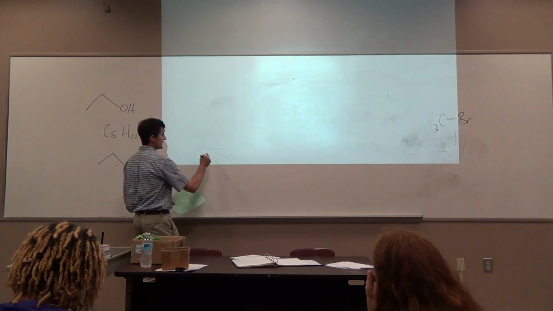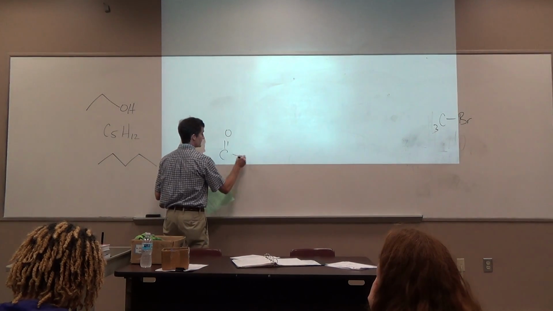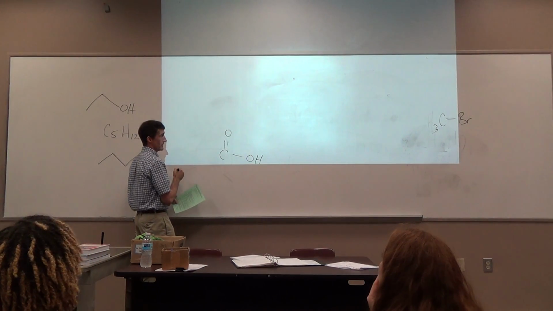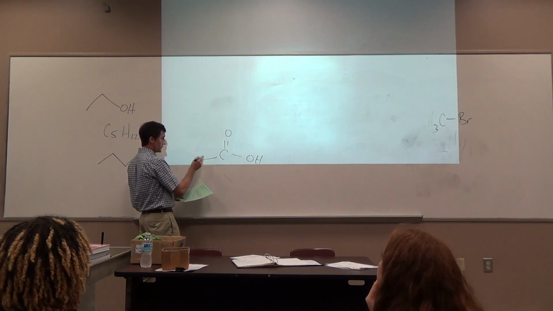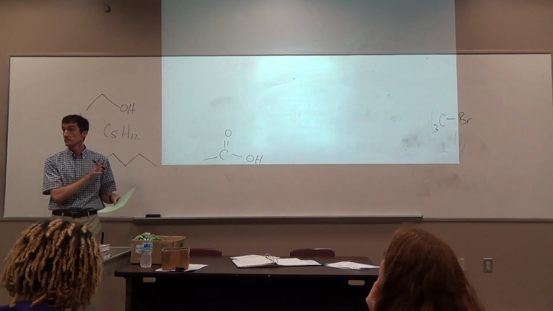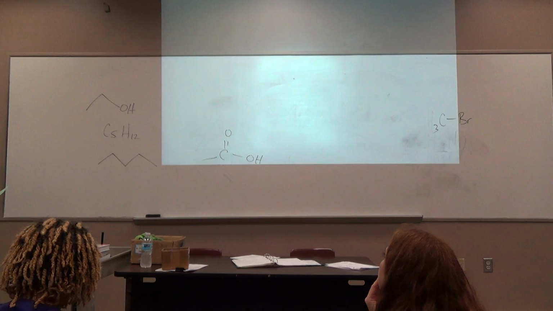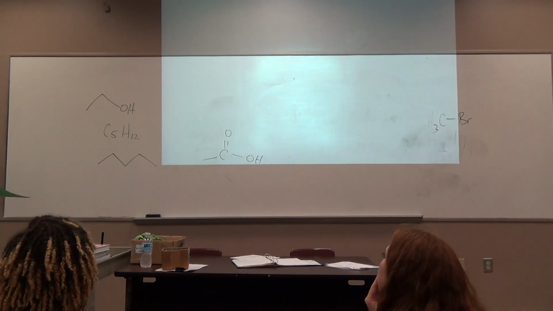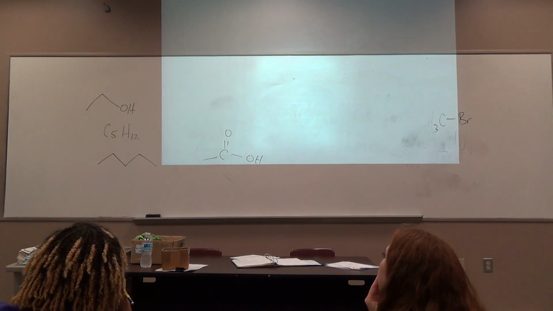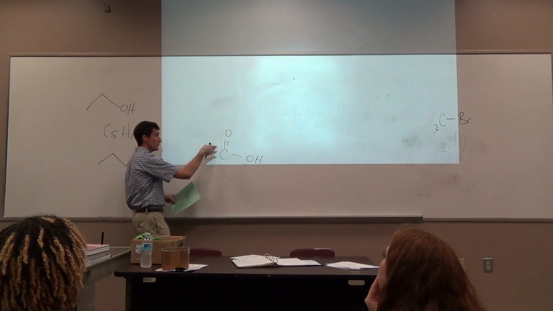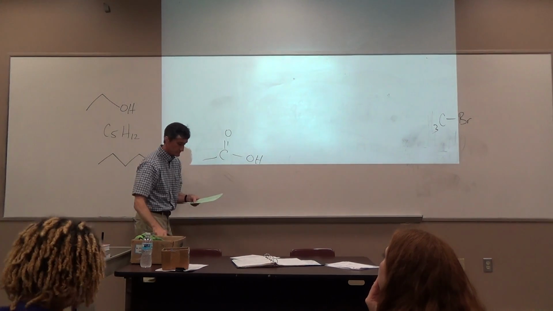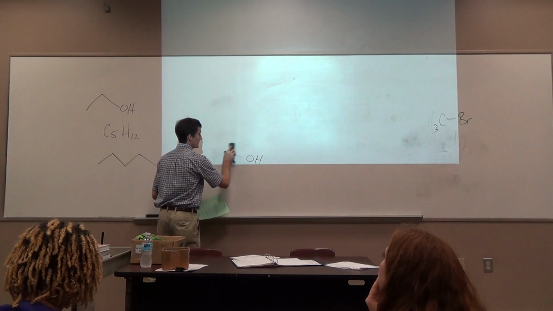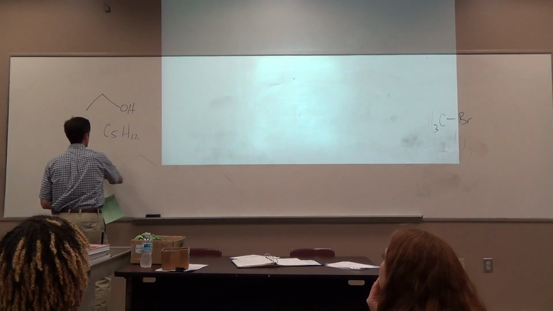Because it has 2 O's, I can start by throwing up a carboxylic acid, and then from there keep building your molecule. Your functional groups are components you can use to build structures, as opposed to doing it 1 atom at a time. That's just a recommendation, something to keep in mind.